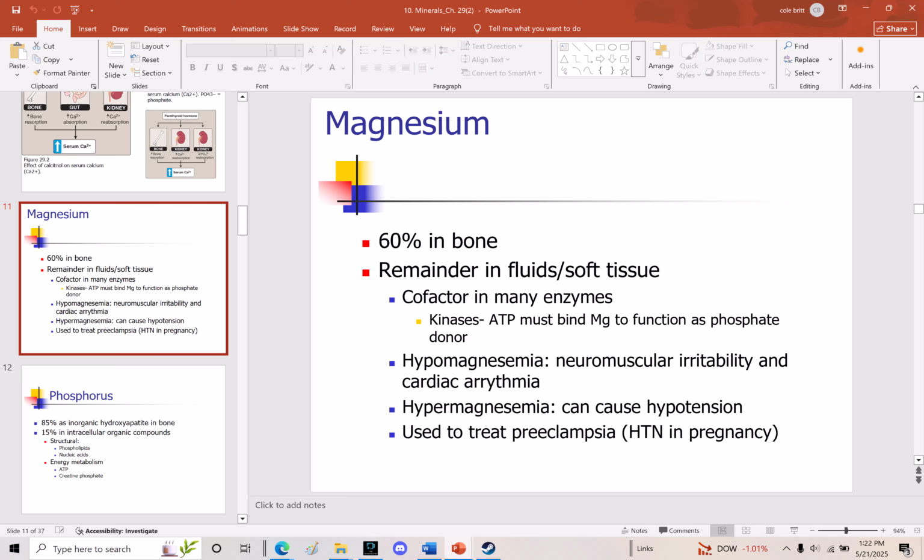That just tells you it's really important. ATP is the energy currency of the cell, and you can't use ATP unless you have magnesium. So that is one function of magnesium. It's required for the use of ATP. And what uses ATP is mostly the enzymes that are kinases.